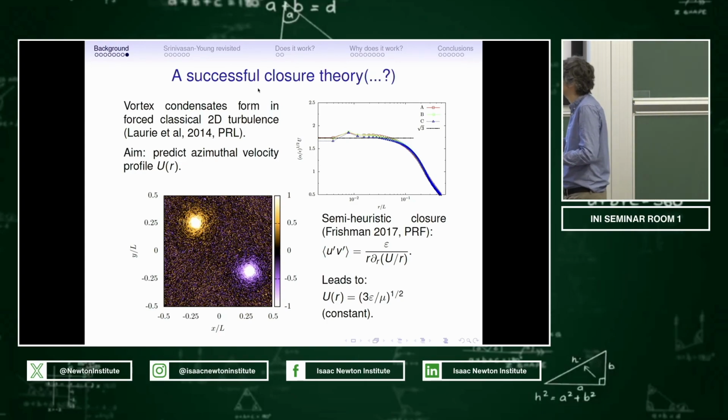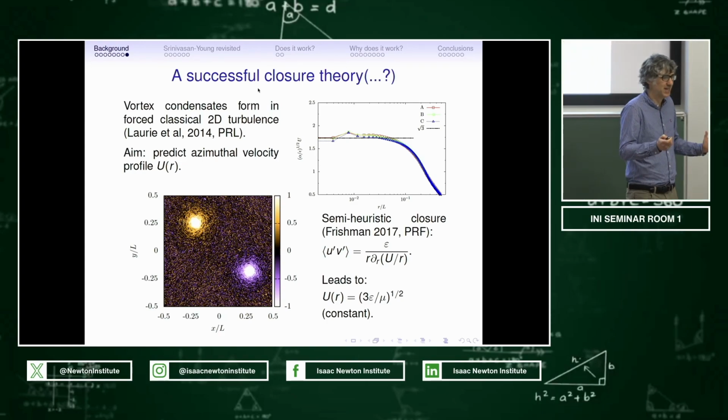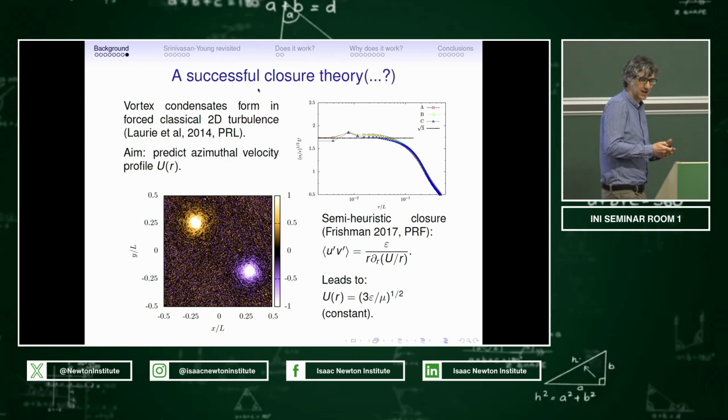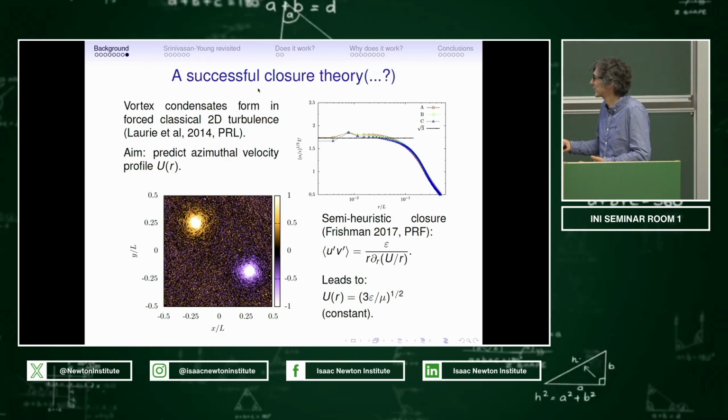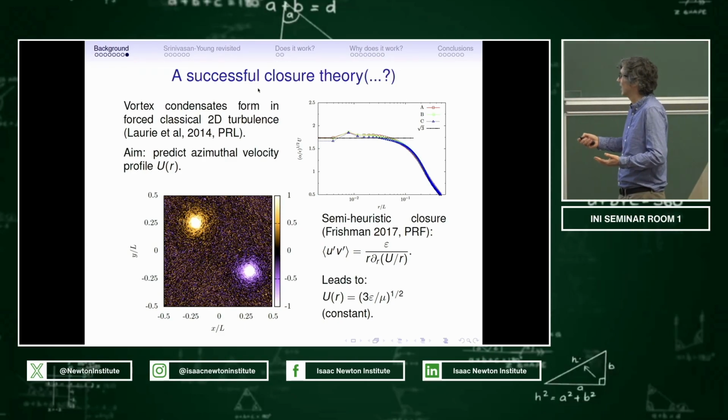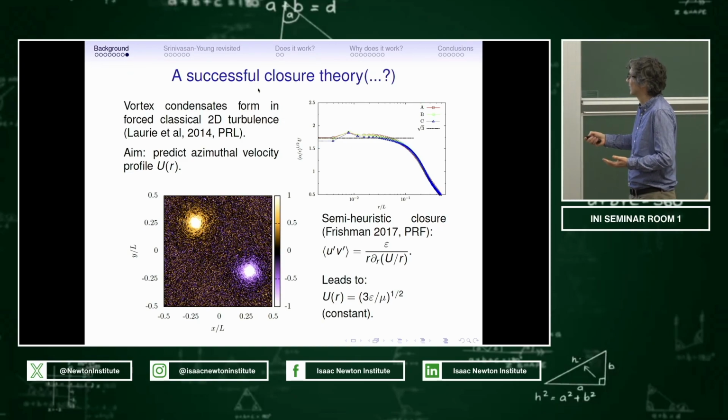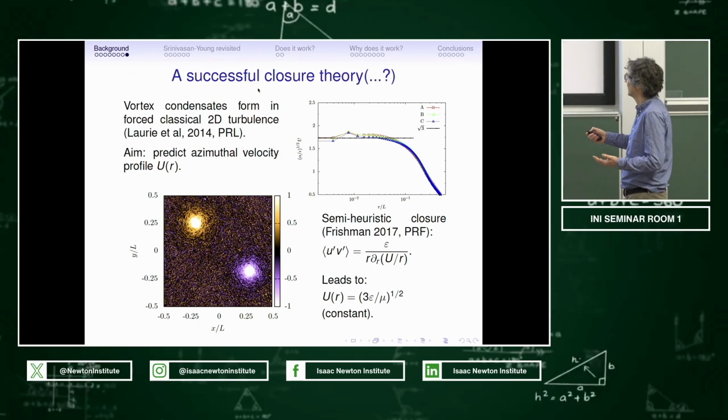The idea here is that this is just like our problem, except there's no beta, and all of the energy, instead of going into jets, ends up going into vortices, which are called condensates by the physics people who work on this problem.